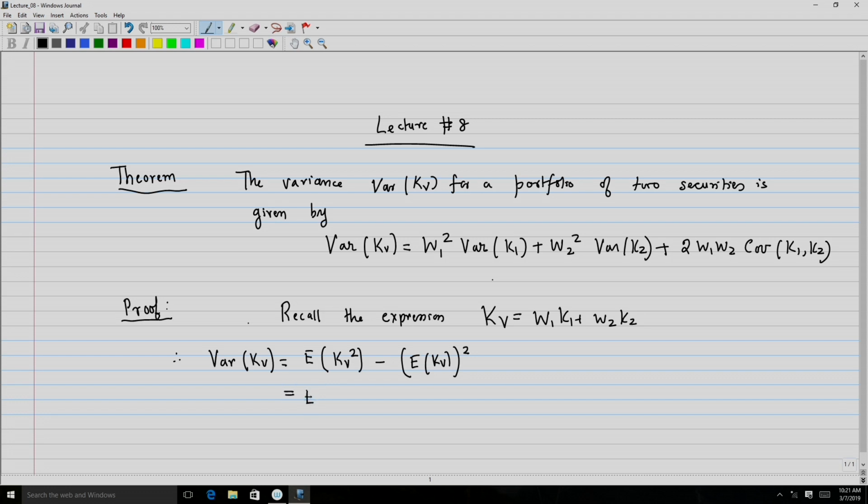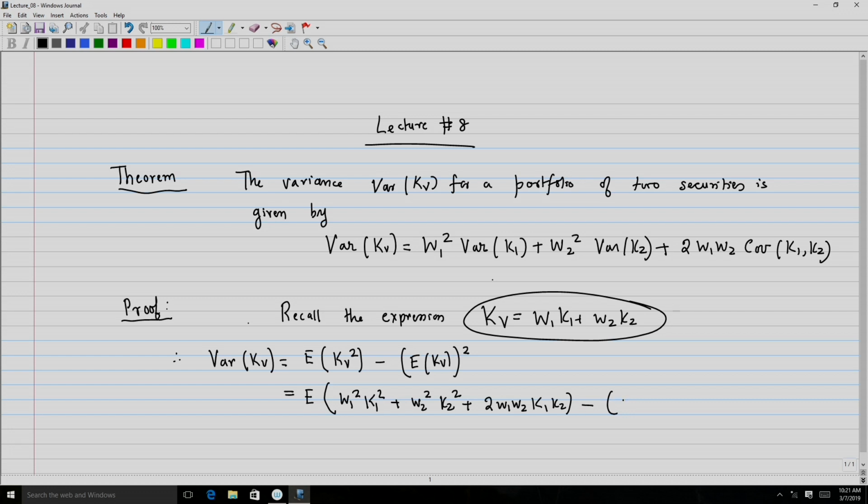I square this term of Kv. So, this gives me W1 square K1 square plus W2 square K2 square plus twice W1 W2 into K1 K2.